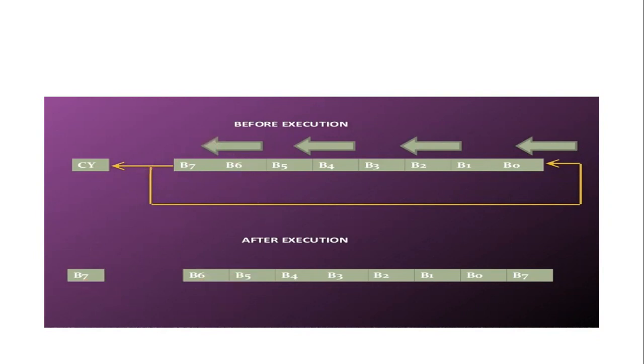B7 comes to here. So B5, B4, B3, B2, B1, B0, then B7 comes to here. The carry also contains B7. So rotate left.